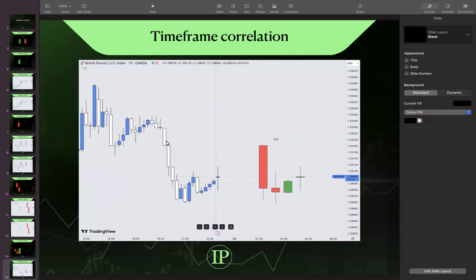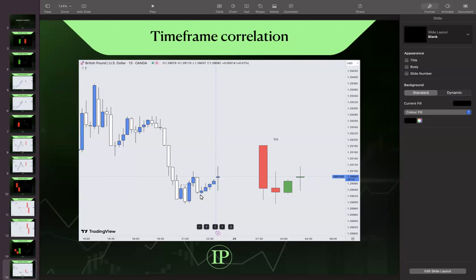So we made a lower low, pullback, lower high, lower low, and then a new structure high, breaking market structure. And that candle that opened, formed, and closed above our break of structure line was an indication that price is now going up.